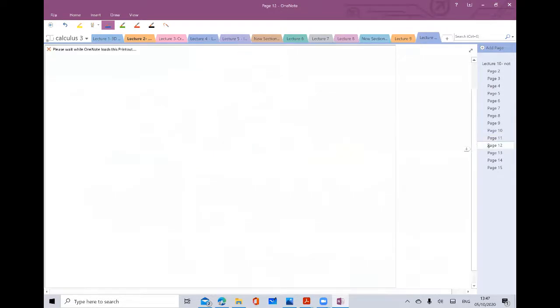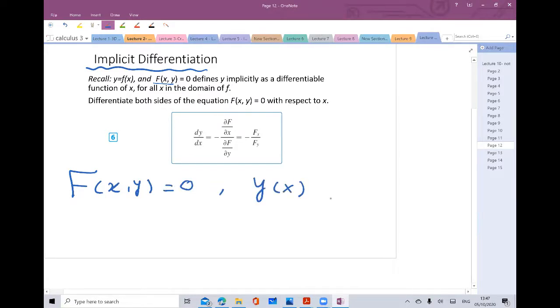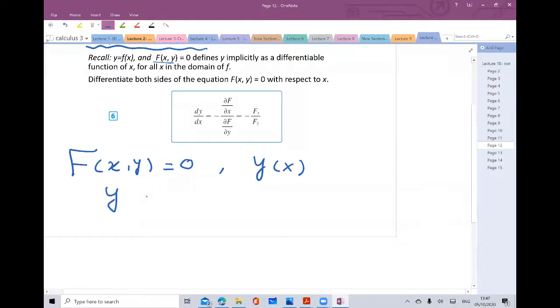Okay, now the last concept here is about implicit differentiation. Let's recall from functions of one variable. If I had a function capital F of X, Y equal to 0, and I know that Y is a function of X, then we say that Y is implicitly defined in the function.